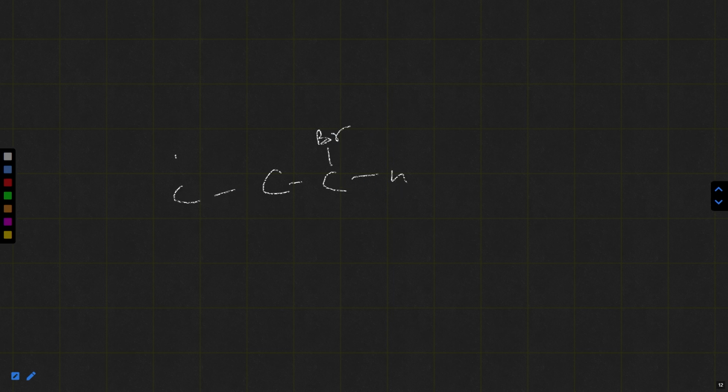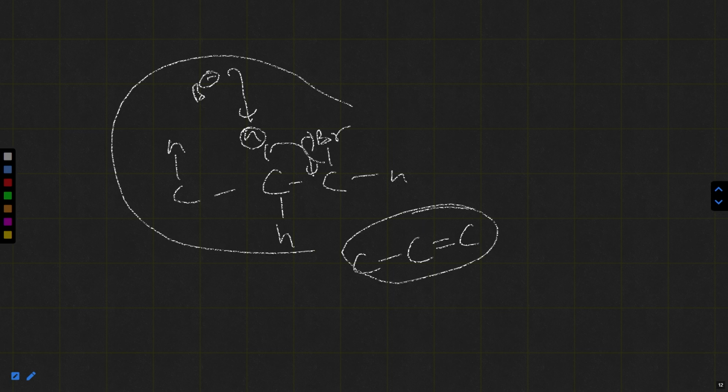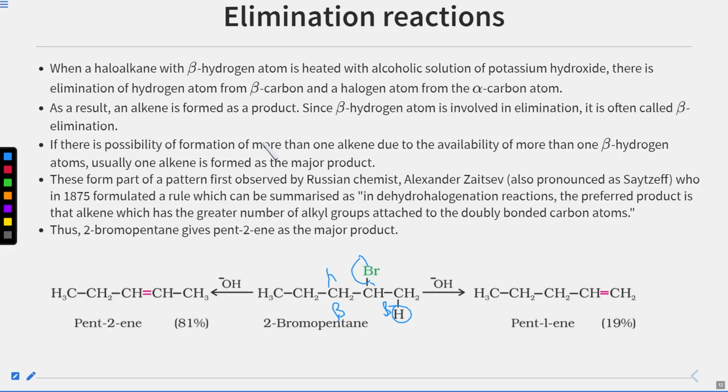Now suppose your base comes and takes this hydrogen, then it will go like this, and you will get this alkene. This is called beta elimination. We'll talk more about it.